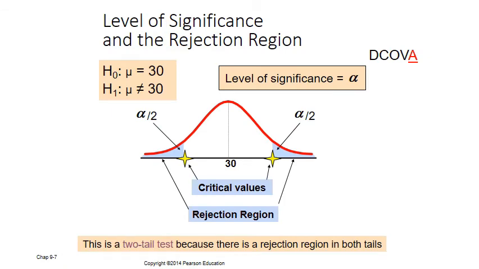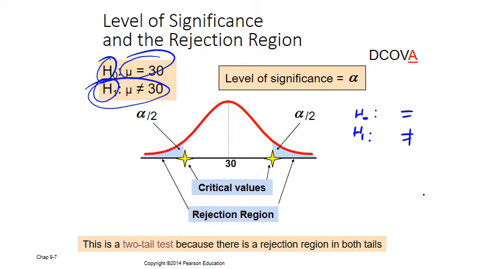So here you can see that he says that the average diameter of his bullet is 30, and we go against it. We say no, it is not 30 mm. H0 is his claim, H1 is what we are testing. This is called the null and alternate hypothesis. If in your null and alternate hypothesis you have equal and not equal signs, it means you are dealing with a two-way test.